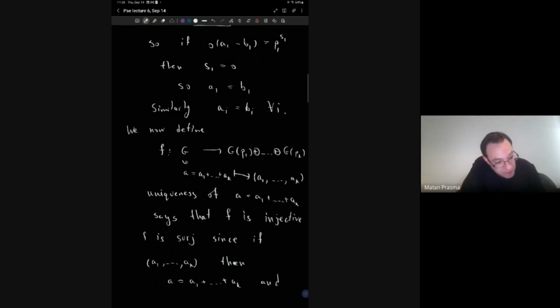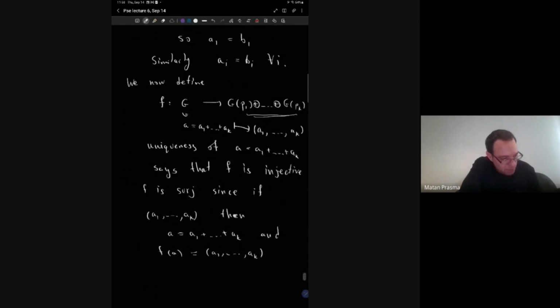And by definition, F of A will be this tuple. So for every tuple in the target group, I have a source. And moreover, F is clearly a homomorphism.